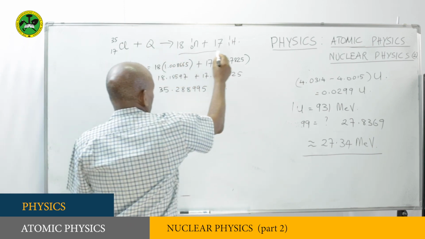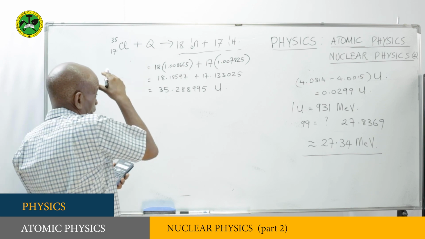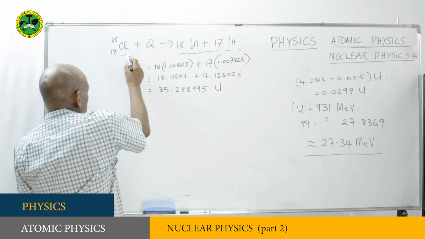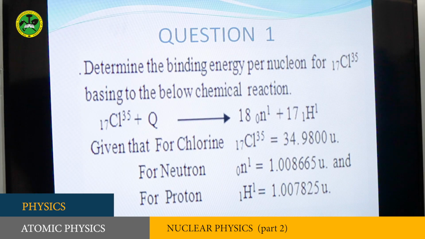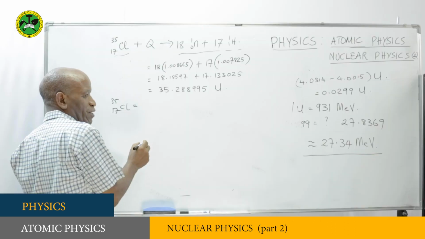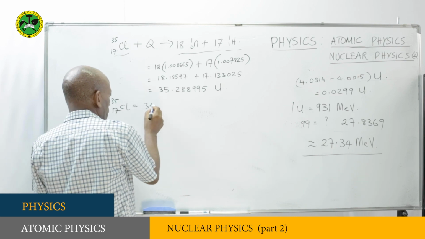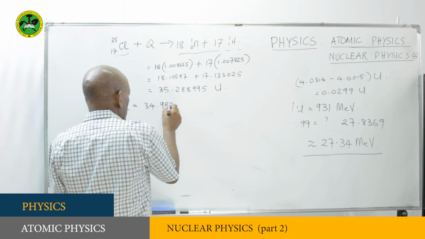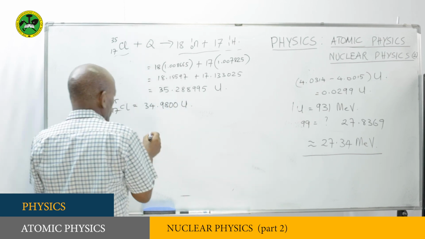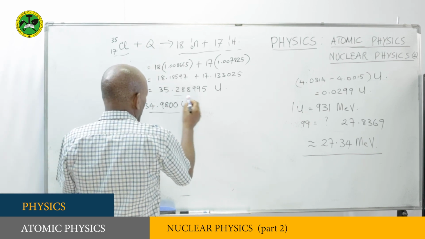This is for the products. For the mother nucleus, the chlorine-35 over 17, this is equal to 34.9800 atomic mass units. So we need to compare this one and that one.